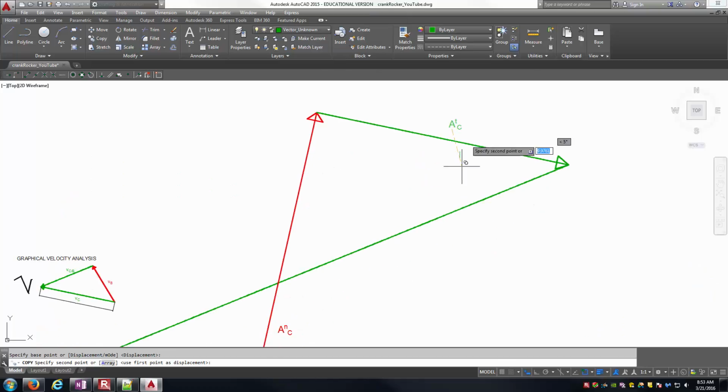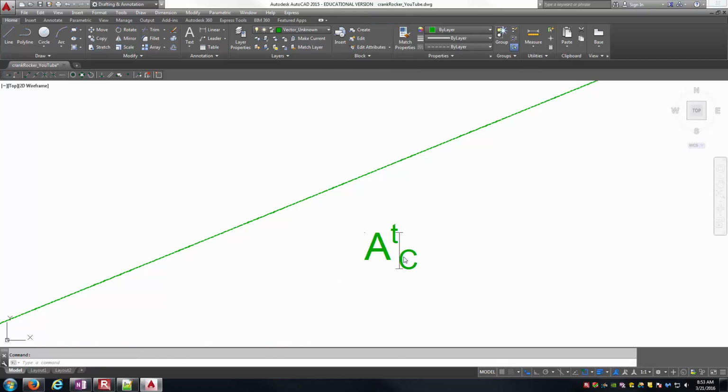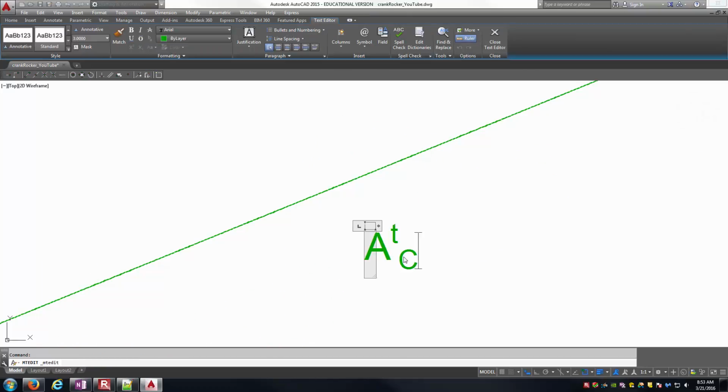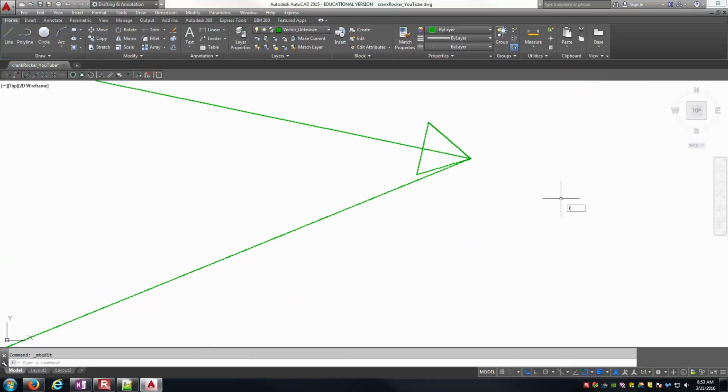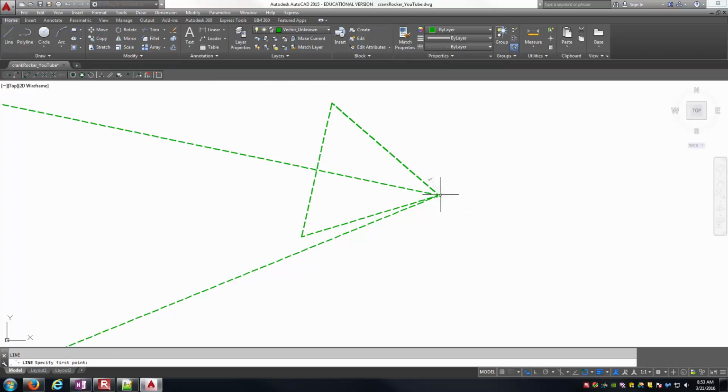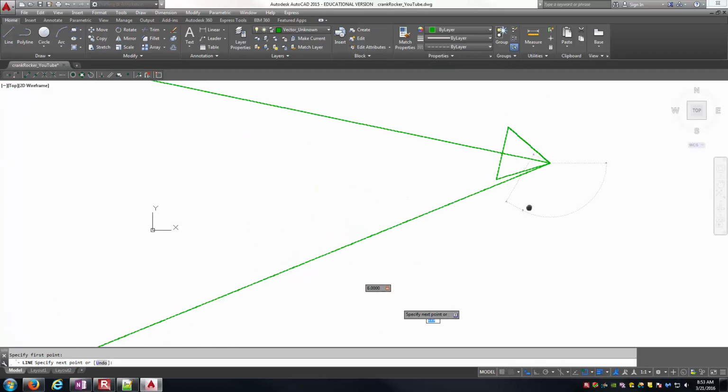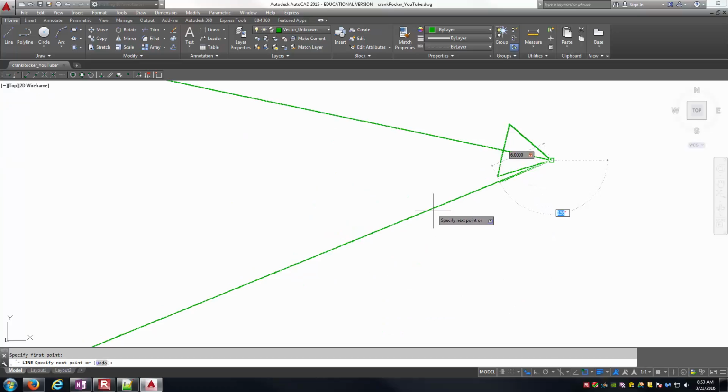And then the other one, this longer one down here, was C relative to B. Just like so. And just to continue our process here, it pointed this way.